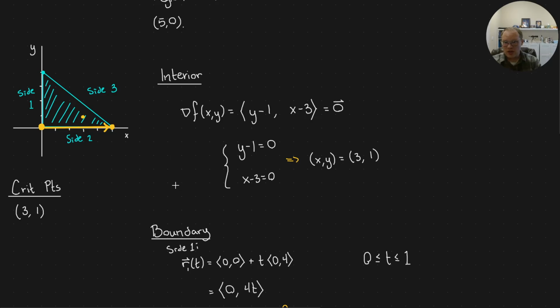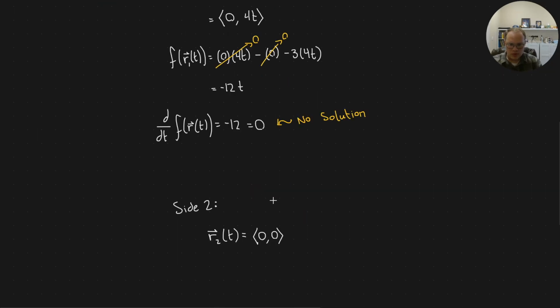So the direction vector, if I take the endpoint 5, 0, subtract the starting point 0, 0, the direction vector is 5, 0. So 0, 0 plus t times my direction vector 5, 0.